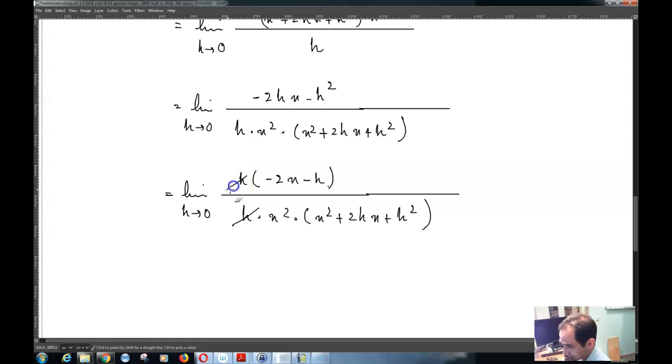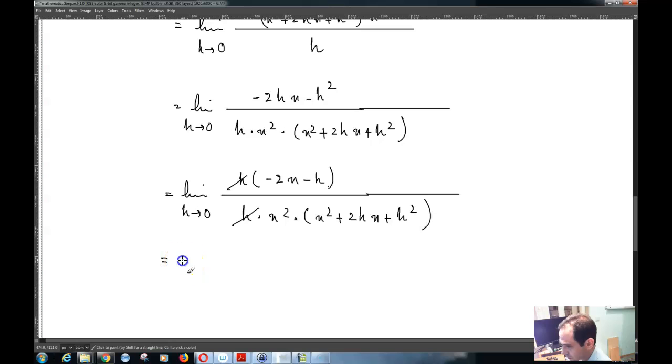And then h and h you can cancel out. So basically what happens is that in the limit, you have the limit of these two expressions.